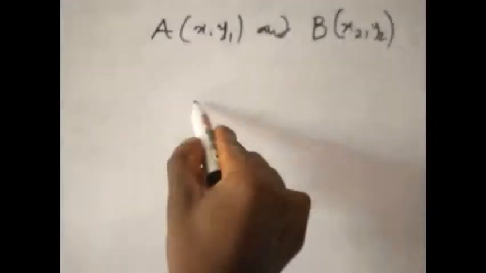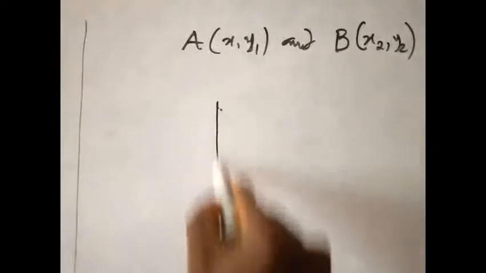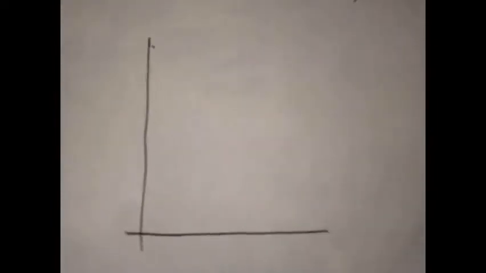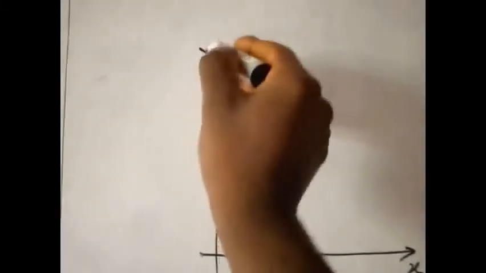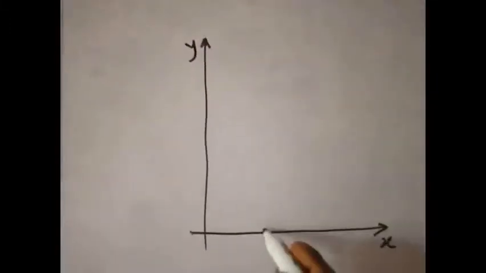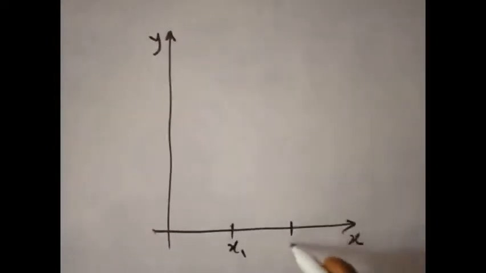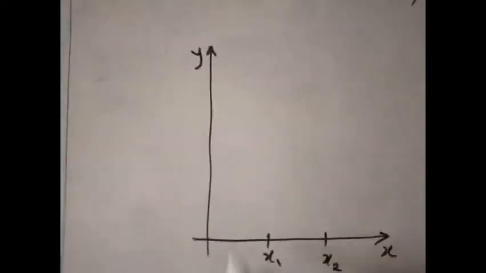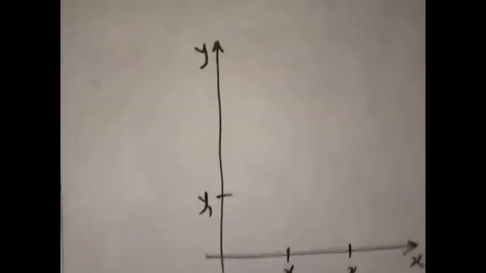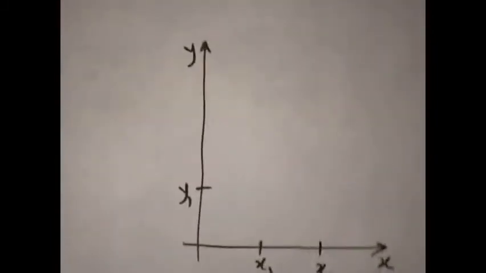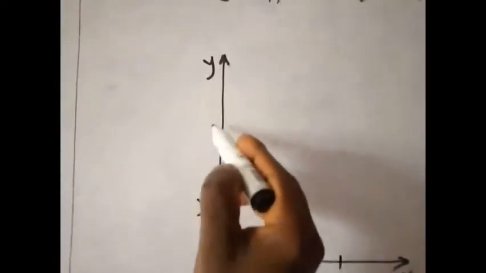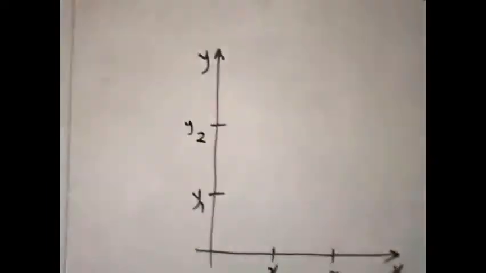When you're having this line, this is the y-axis, then this is the x-axis. We have x here, we have our y here. This is x1, this is x2. Then here we have y1, we have y2 here.